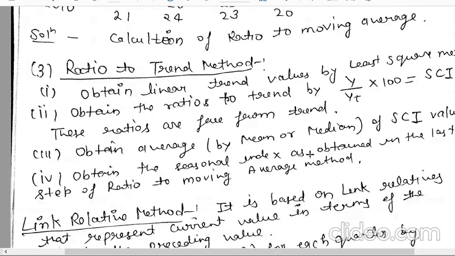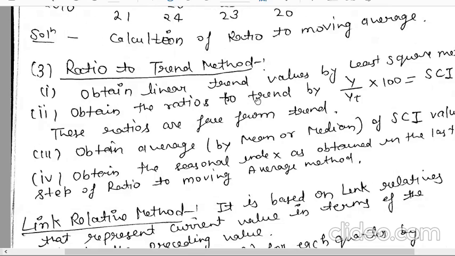Now third, ratio to trend method. The first point is to obtain the linear trend value by the least square method. I told you the least square method in regression: find the line y on x, find the line x on y, regression coefficients and these. That method is called the least square method.